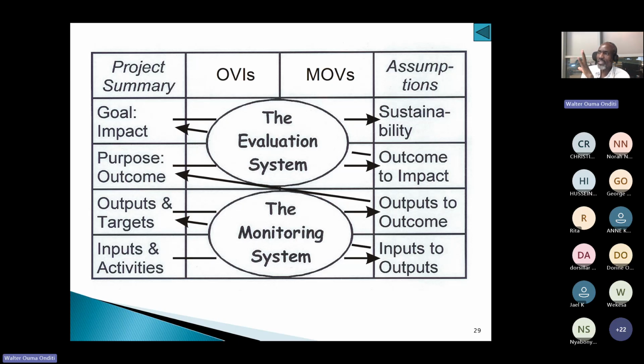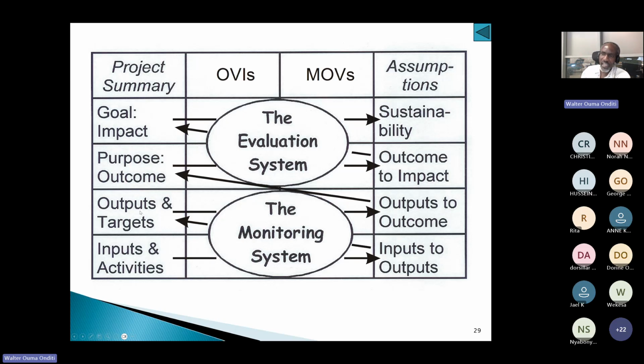So we are saying at this point, we need assumptions that if the inputs are available and these inputs have allowed us to conduct certain activities, then we shall be able to get the outputs. The outputs themselves have the KPIs, the indicators, the second column there, and every indicator has a means of verification. So look at the lateral thinking still. For output and activities we need certain assumptions that if they turn out to be true, then the outputs would be achieved.